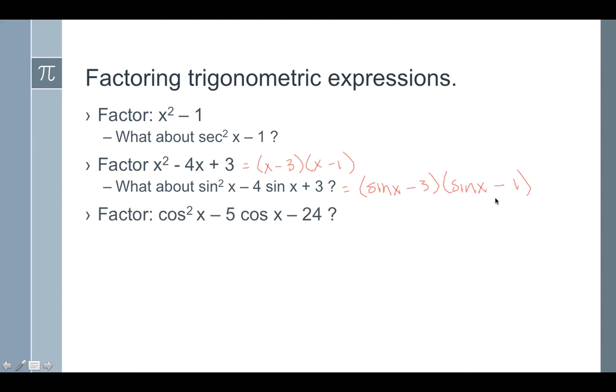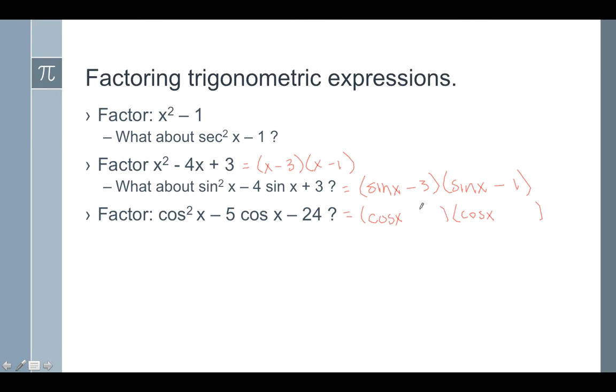So here's one that I didn't compare to a normal quadratic, but if we look at this as a quadratic, we have something squared minus 5 something minus 24. And if I was to think about this, I would say, okay, well, it's got to be cosine of x and cosine of x because cosine squared, right?